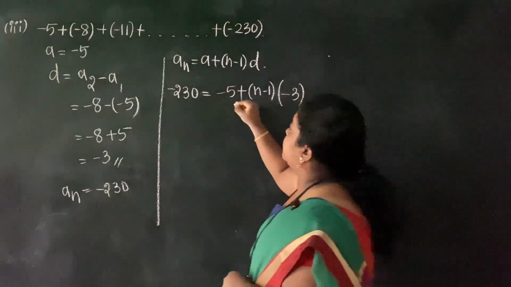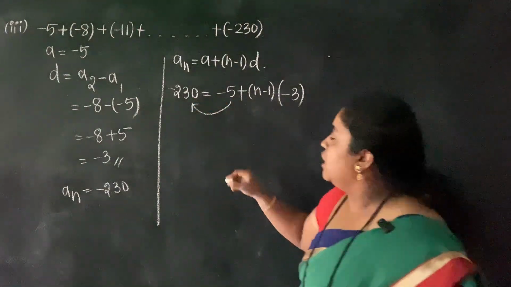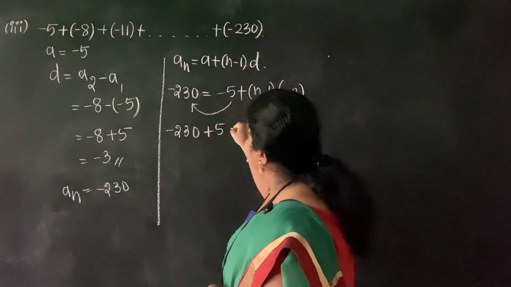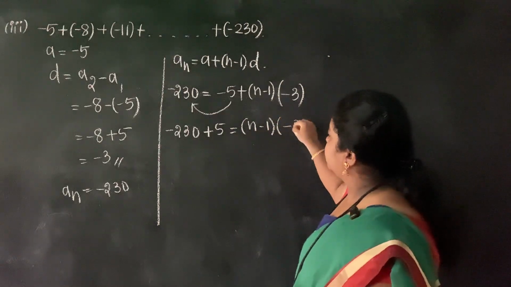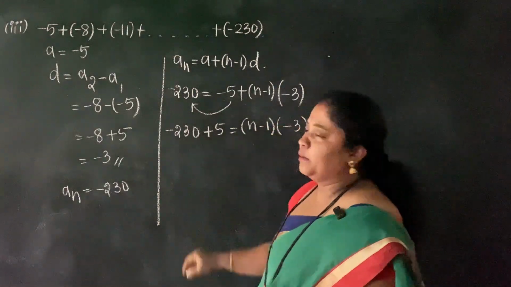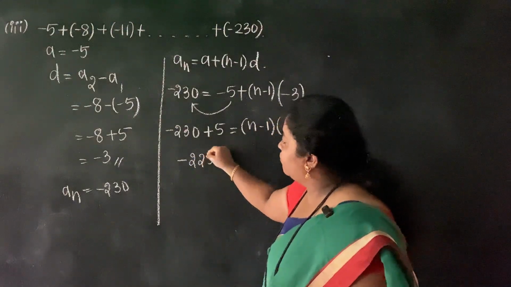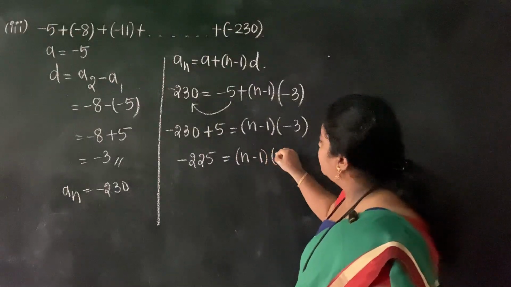What I do, I'll send this minus 5 to this side. Minus 5 turns to be plus 5. So I have minus 230 plus 5 is equal to (N minus 1) into minus 3. See, minus 230 plus 5 is how much? Minus 225 is equal to (N minus 1) into minus 3.